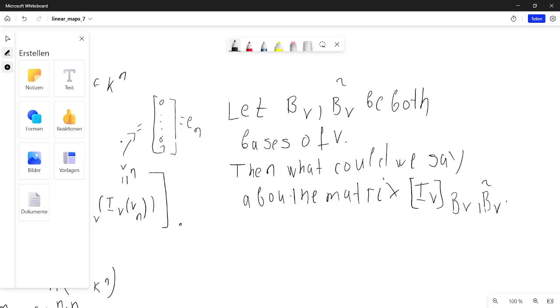Taking coordinates with respect to this basis, we apply the map to the abstract vector, get the same vector, and take coordinates with respect to the other basis. Well, what could we say about this matrix?